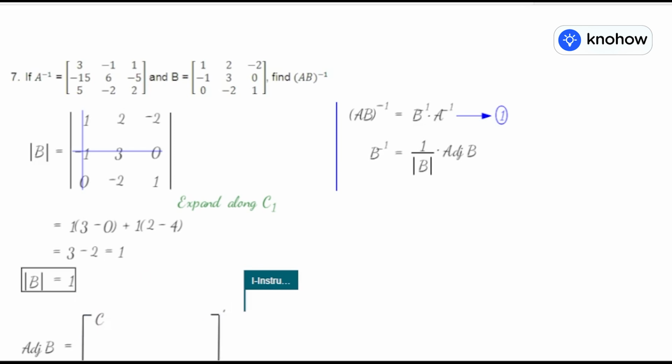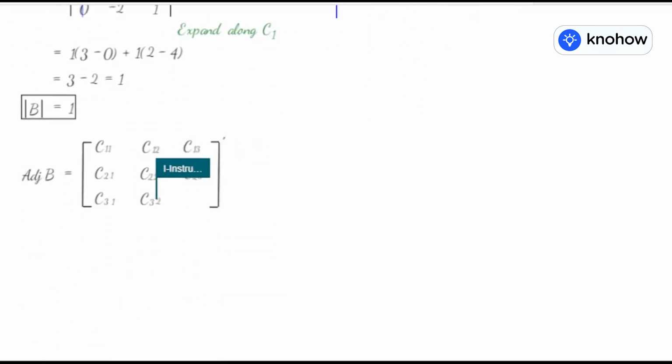Let the cofactors be C11, C12, C13, C21, C22, C23, C31, C32, C33. How do you get a cofactor? Delete the row and column through that element and then take the value of the determinant of the remaining matrix with proper sign. What are the proper signs? Plus, minus, plus, minus, plus, minus, plus, minus, plus, with these signs respectively.